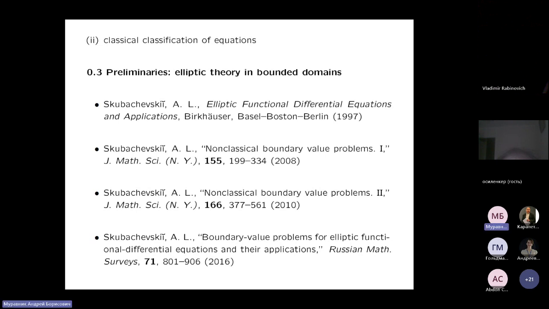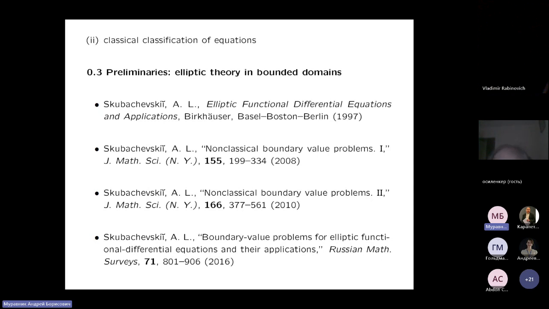When we pass to differential difference ones, we have to introduce those definitions again. The terminology is not canonical yet, but at least within this lecture, it would be enough to treat this classification as follows.